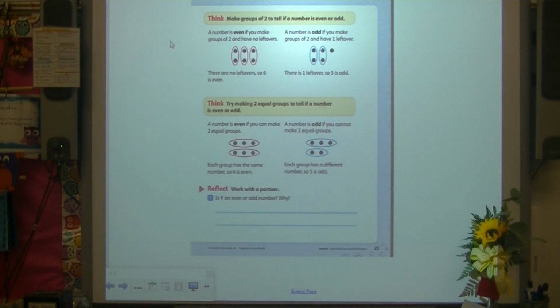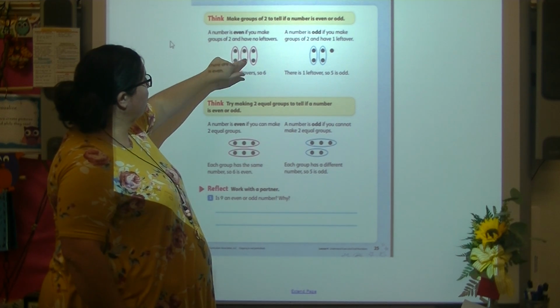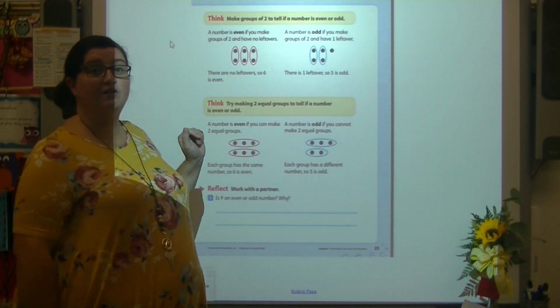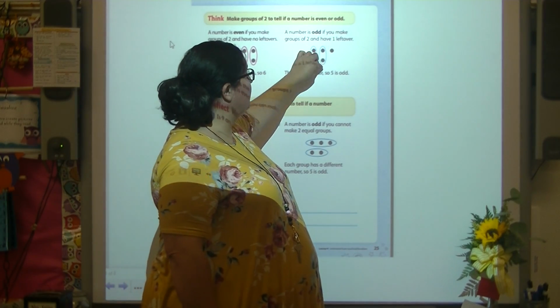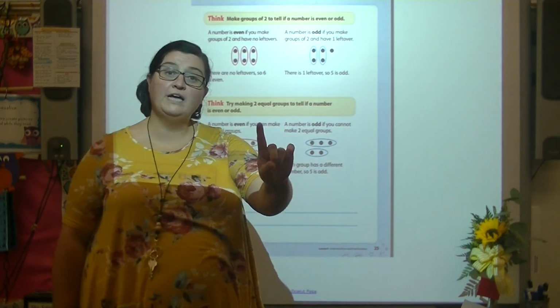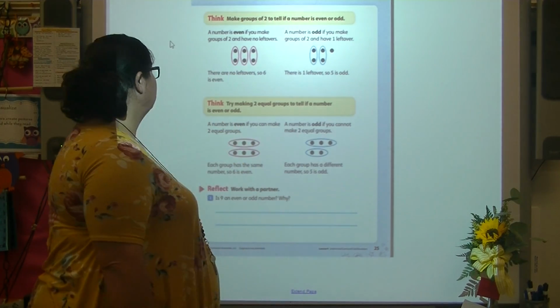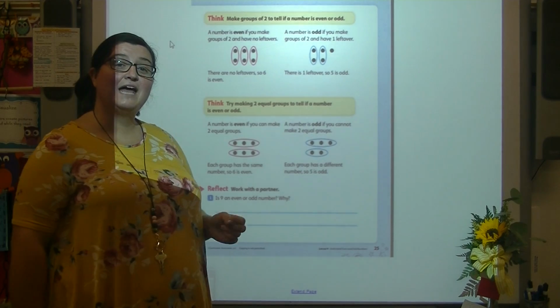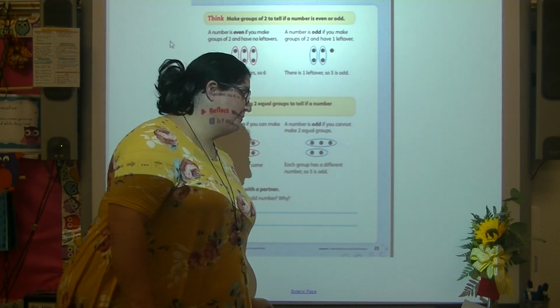Remember, even numbers have partners with no leftovers. An odd number tries to make partners but has 1 left over. Okay? Let's see how well you do, and we will try again tomorrow. Try your best on your work.